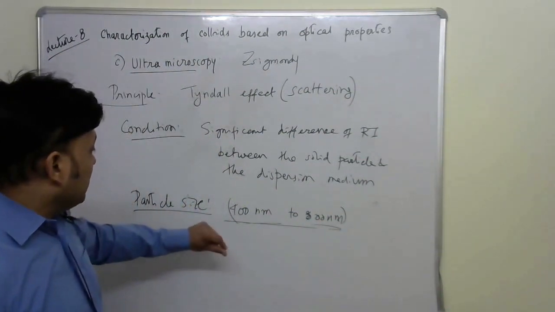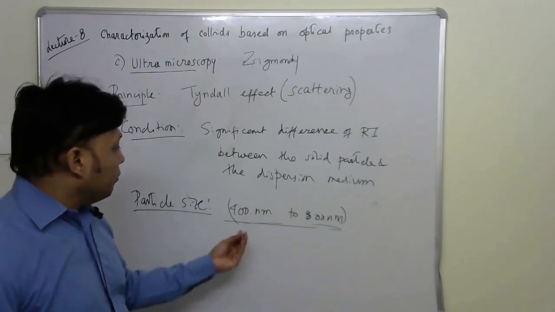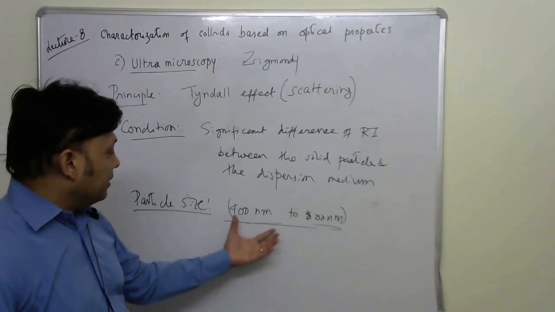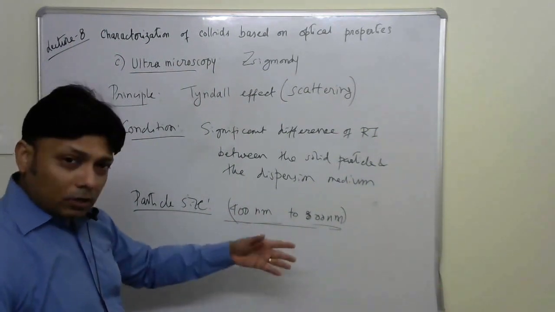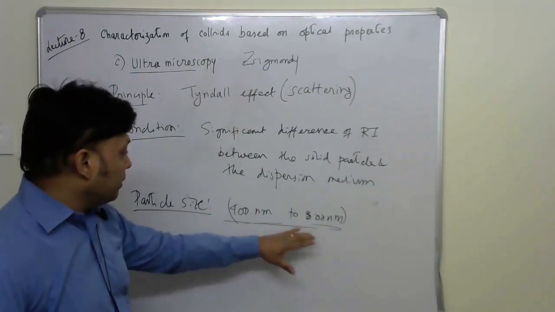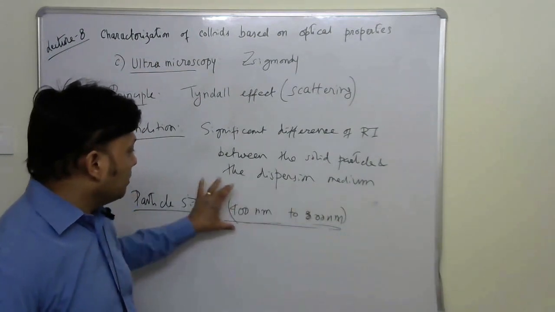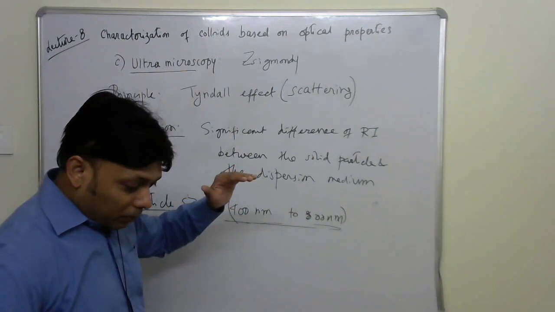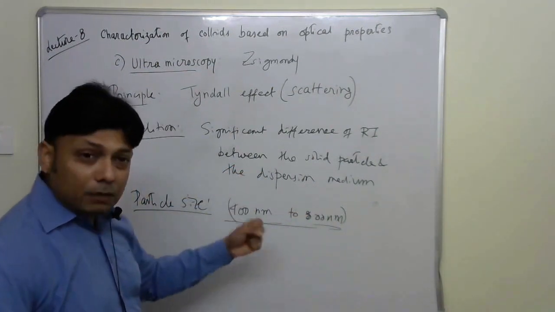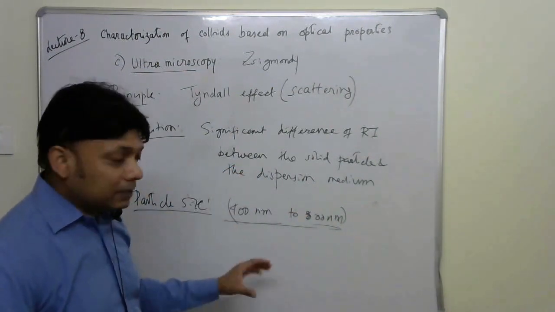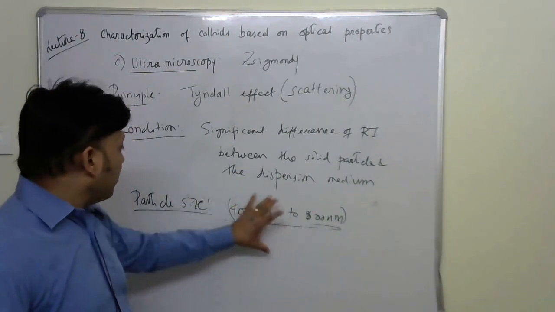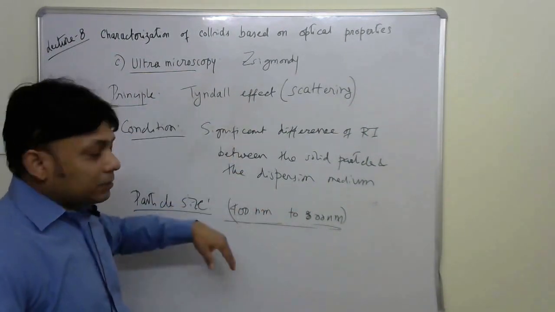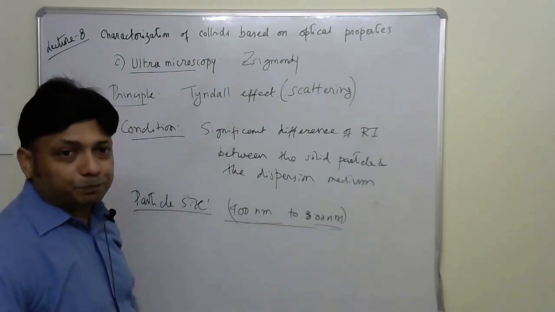So if we talk about the resolution, once again delta, the range of delta is almost like the optical microscopy. That means whatever the resolution is limited by the wavelength of visible light, the same applies here, because this ultramicroscopy is done with visible light.